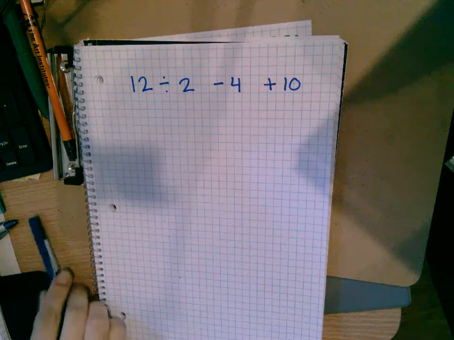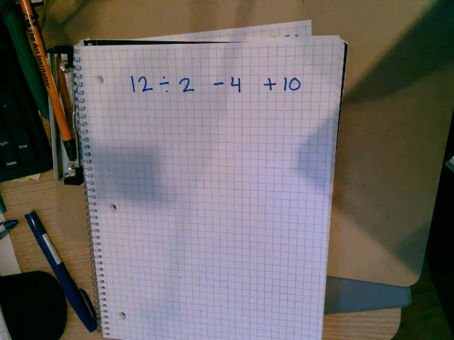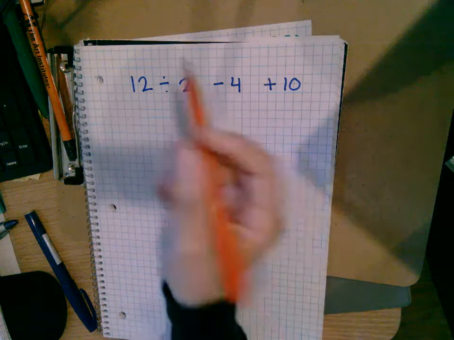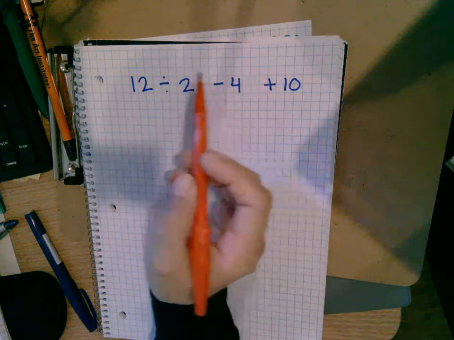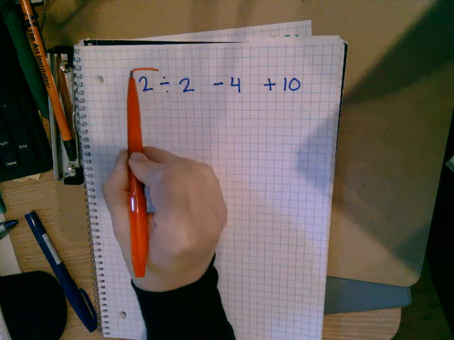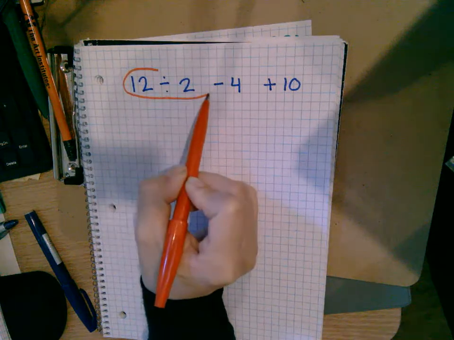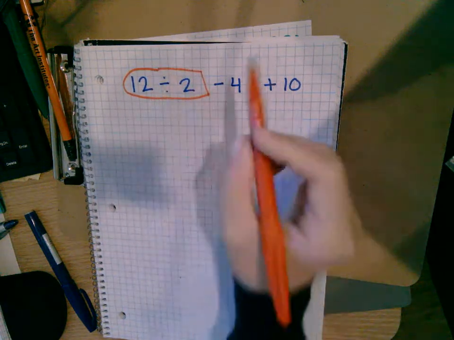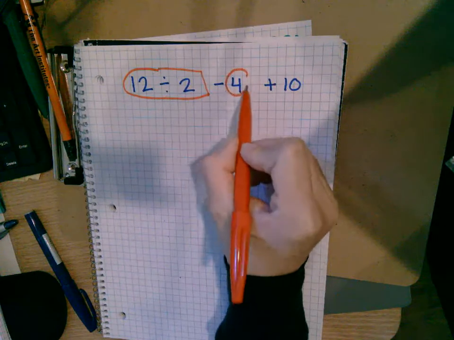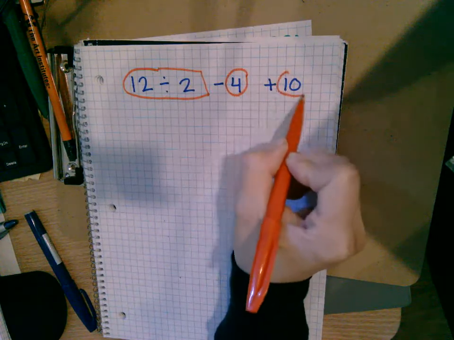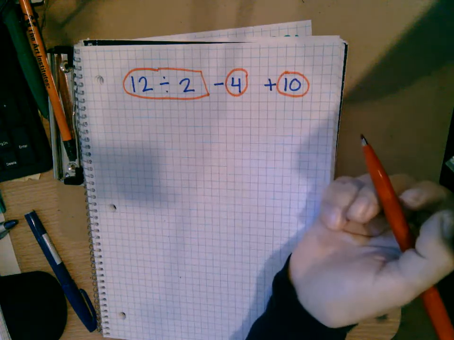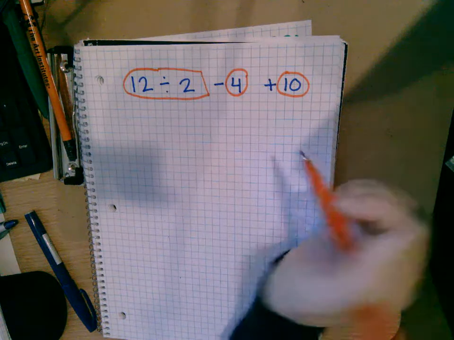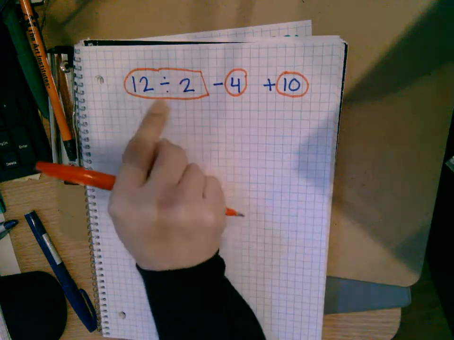So here's our math problem. And we're going to circle everything except the subtraction sign and the addition sign. Single number. Single number. So again, we have a 3-term problem here. So let's do the problem that's circled together.